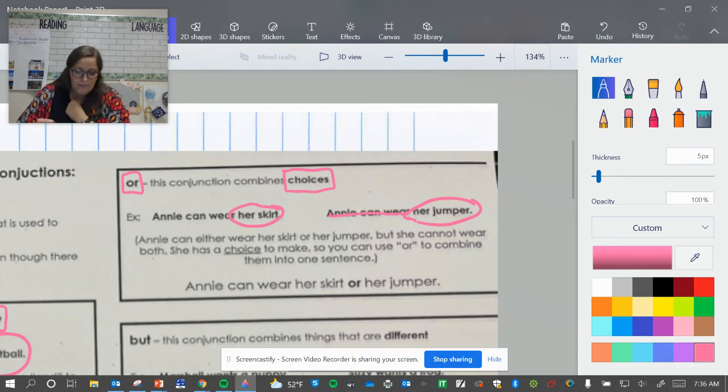So we crossed out Annie can wear, so we only have Annie can wear one time. Here's our conjunction or, and here are our choices. Her skirt, her jumper. We made an or sandwich. Annie can wear her skirt or her jumper. So now we've combined those two sentences so we don't repeat ourselves so much, okay?